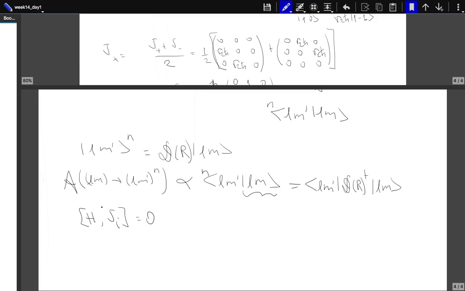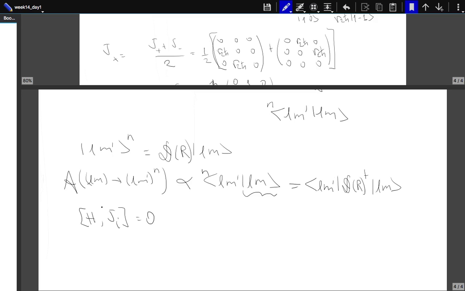I don't need to know what the details of my Hamiltonian are or what potential I have in my Hamiltonian. But still, as long as my Hamiltonian has rotational symmetry, its eigenkets will be eigenkets of J_i, some of them at least, and J squared. So basically, I'm looking at what are the possible eigenkets of the Hamiltonian.